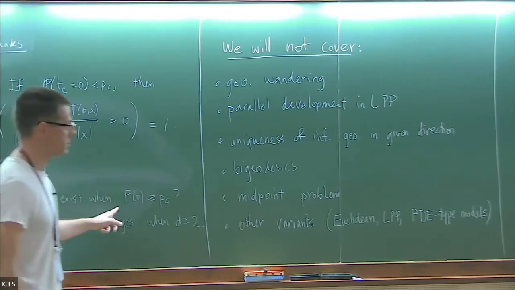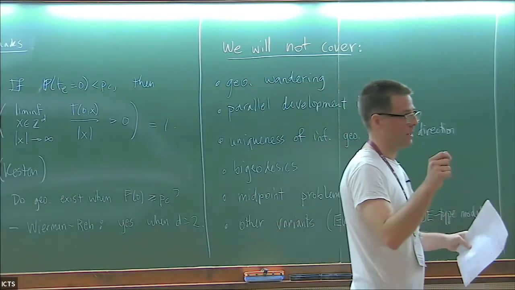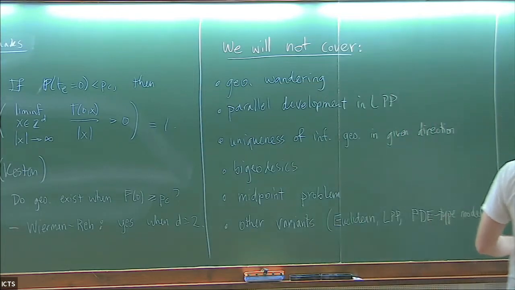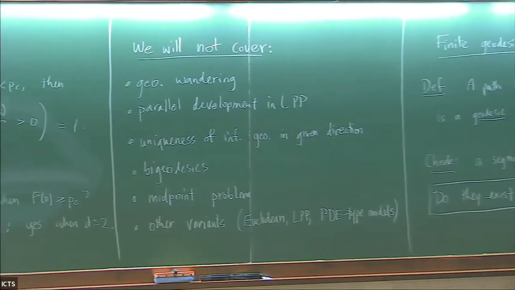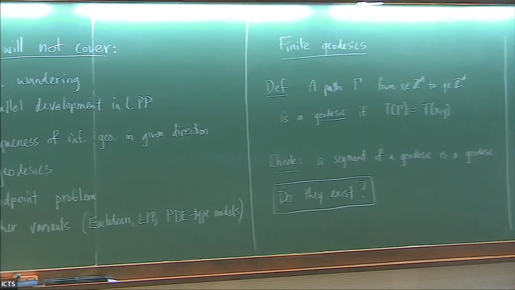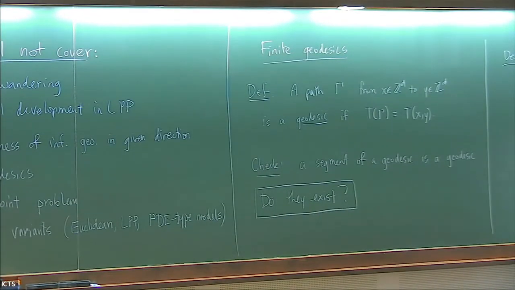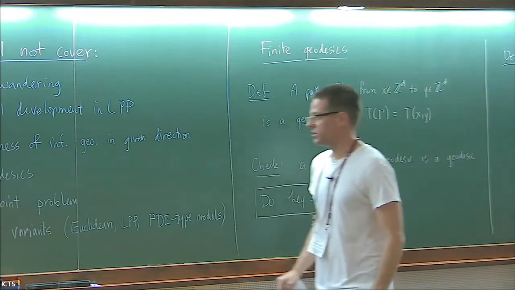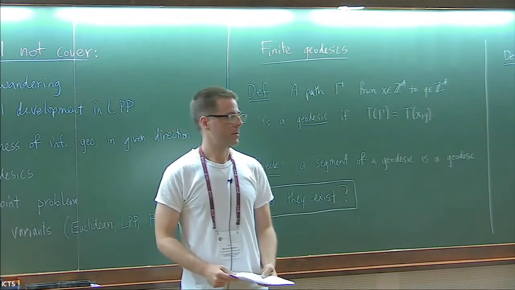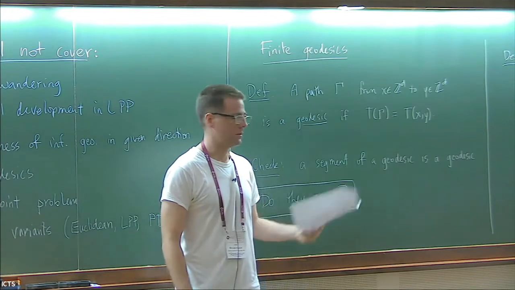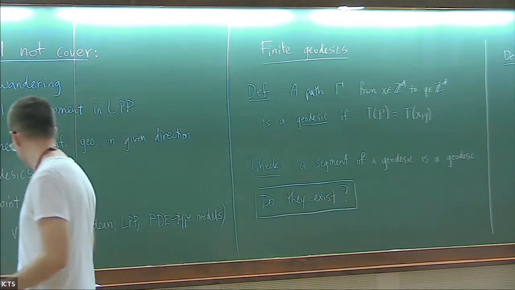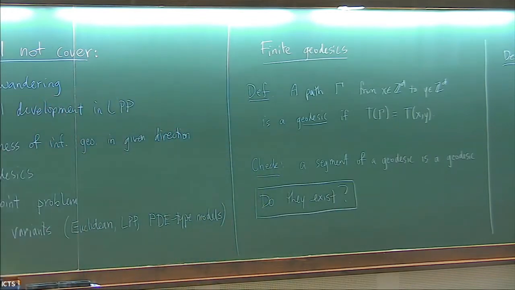But when F0 is bigger than PC, then there are infinite zero paths. And once my box becomes big enough to intersect one of the infinite zero paths, then I can just go to infinity for free. So rho will be finite in that case. So that's an example where rho is finite, but you have geodesics. So it's not equivalent.